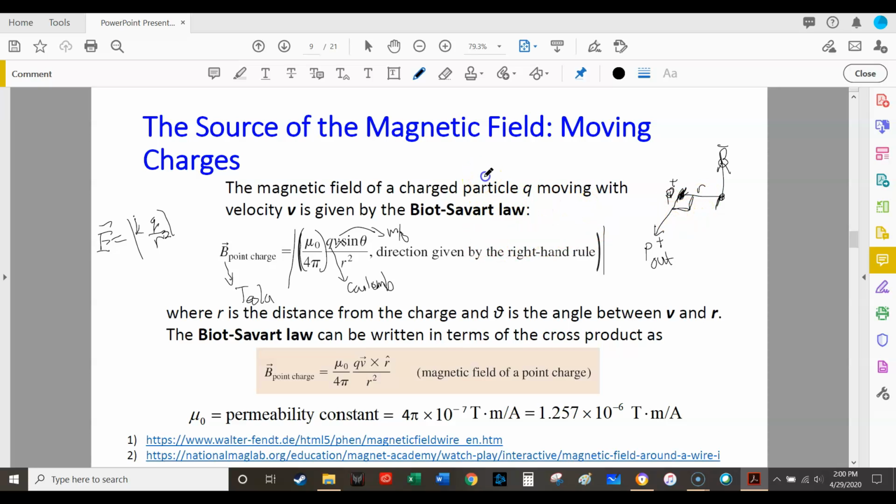If that velocity is pointed in some weird direction like that, only the component that is at a 90-degree angle is going to be related to the magnetic field, okay?